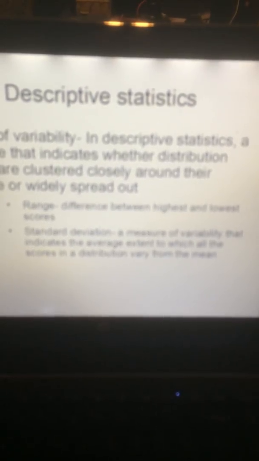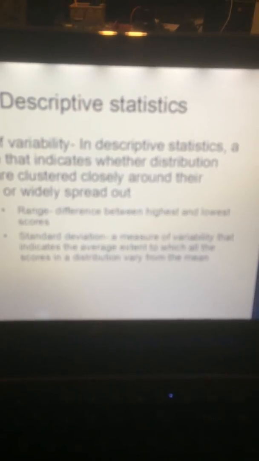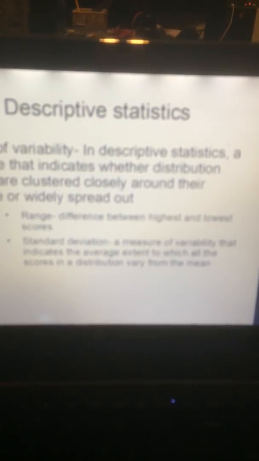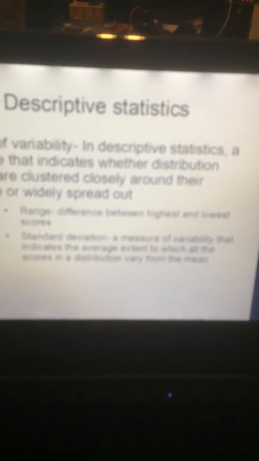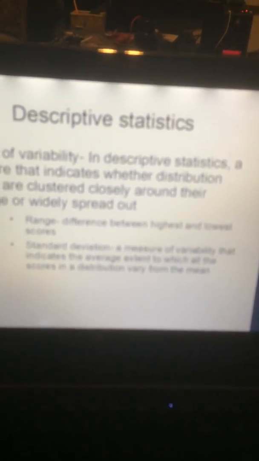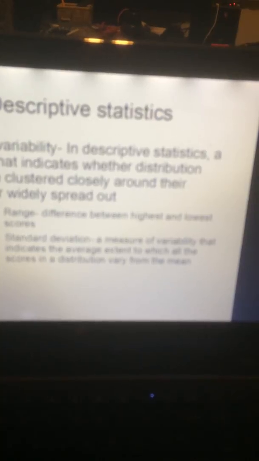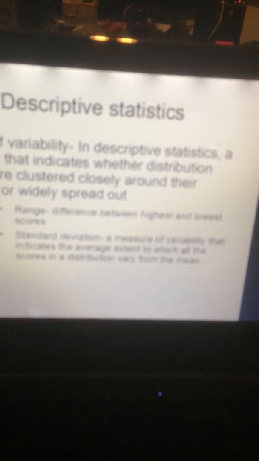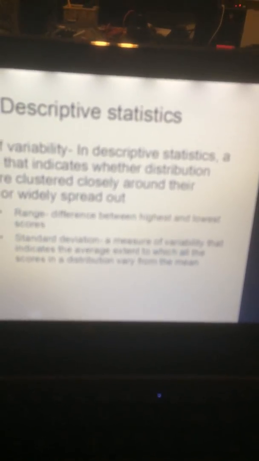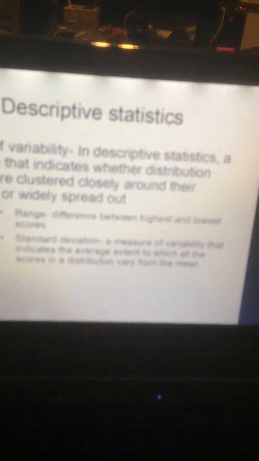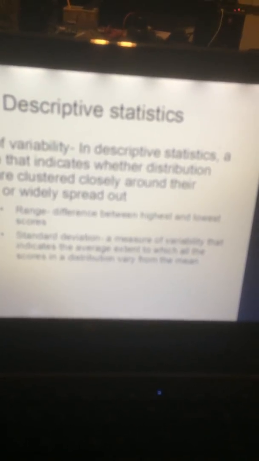Let's say I have a class of 80. I have a couple students scoring a 40 on a test, a couple students scoring like 110 on a test, but there's a lot of students scoring like a 75, 80, mostly B's and C's, things like that.